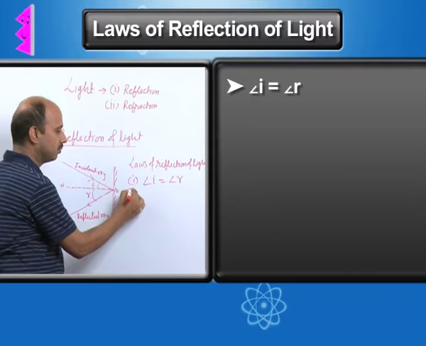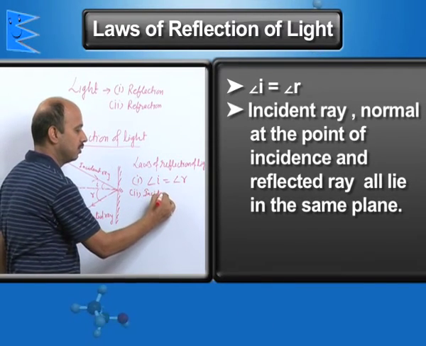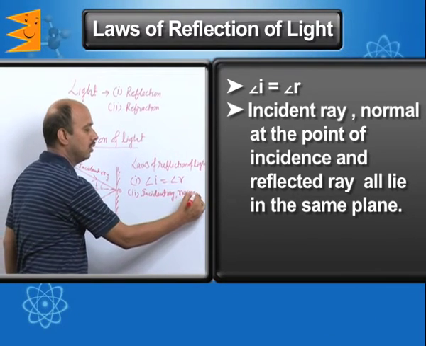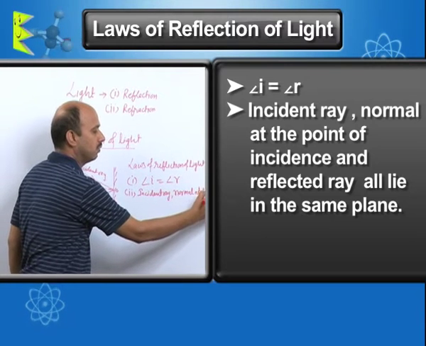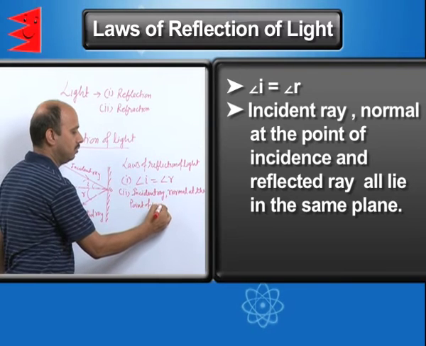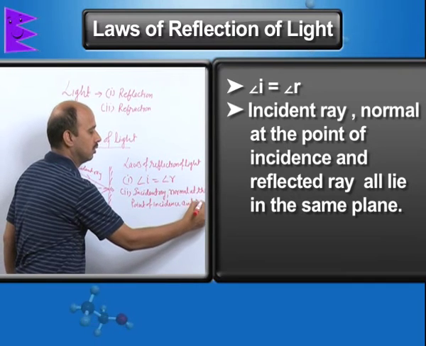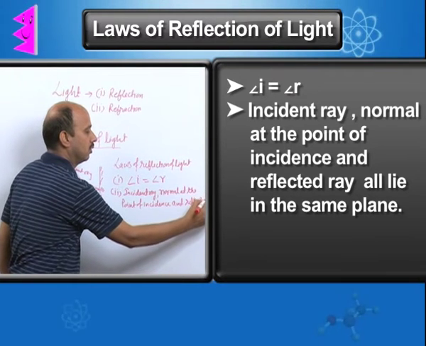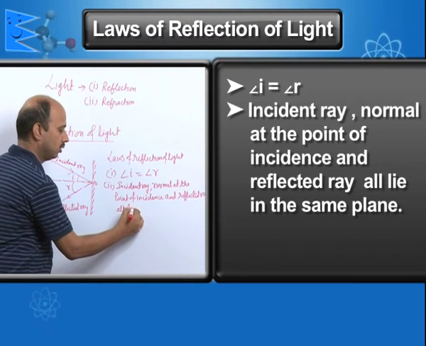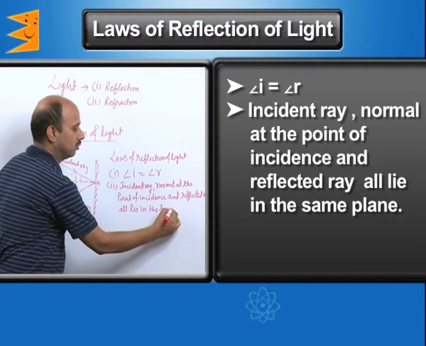Second one is: the incident ray, the normal at the point of incidence and the reflected ray all lie in the same plane.